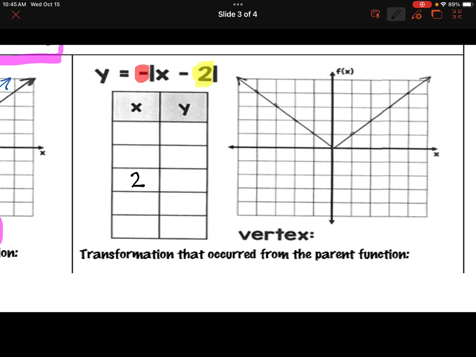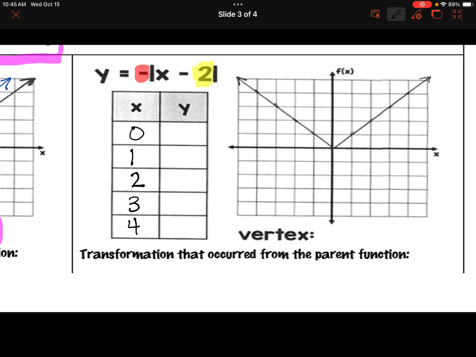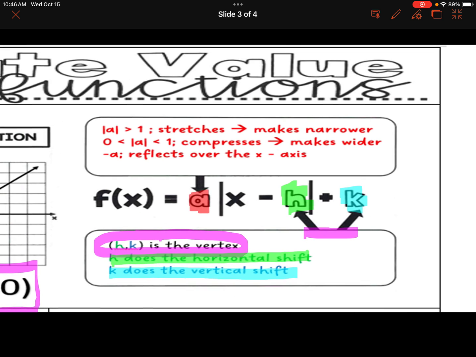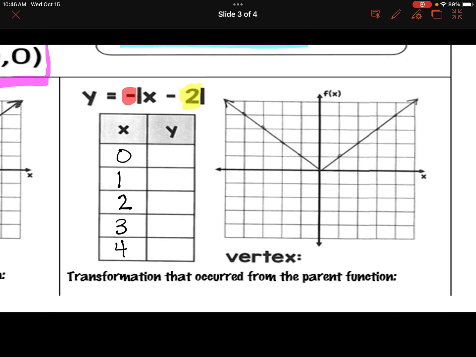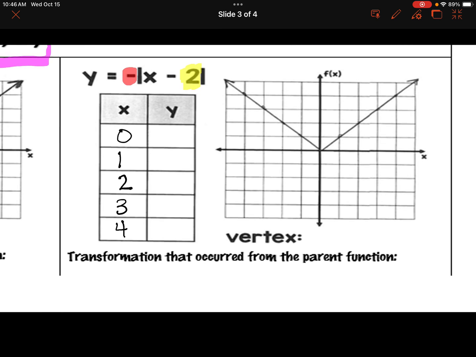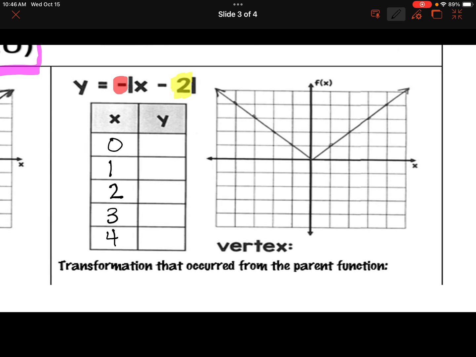I need to go 2 to the left and 2 to the right, okay? And so now I'm going to use that to find where the vertex is. And the formula is built off of a minus sign. So this is telling me that I think it's going to be translated right 2 units. So for it to stay -2 means I plugged a -2. It means I plugged in a +2. These are just my thoughts. Now I'm going to go graph it and see what happened.